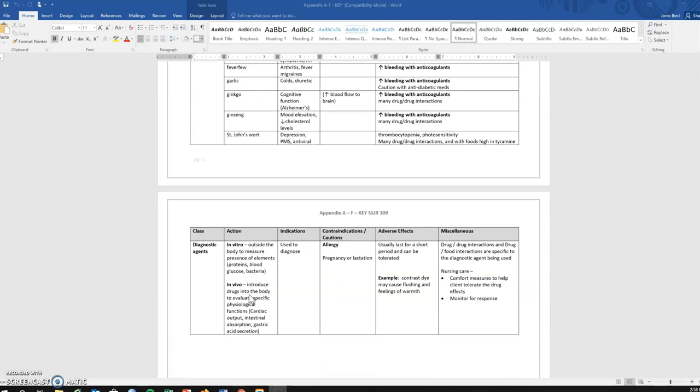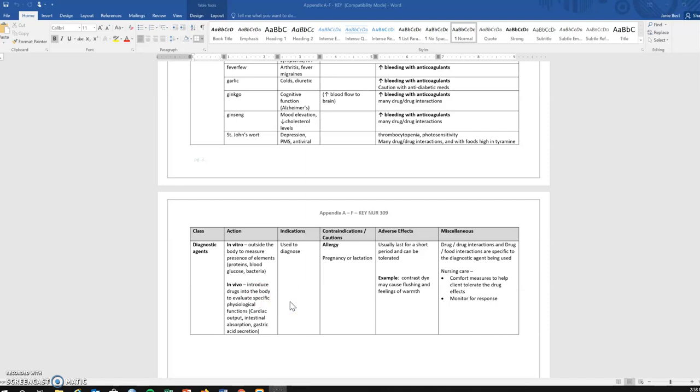The last section, Appendices F, talks about diagnostic agents. And what I want you to get from this section is the difference between in vitro agents, which are outside the body to measure the presence of elements, so proteins, blood glucose, bacteria. They're used to diagnose conditions, as well as in vivo, which introduces the drug into the body to evaluate specific physiological functions such as cardiac output.